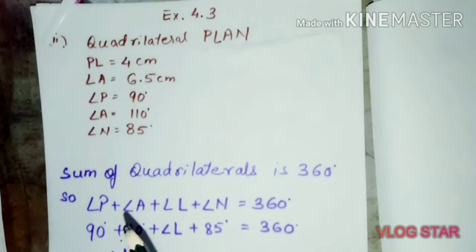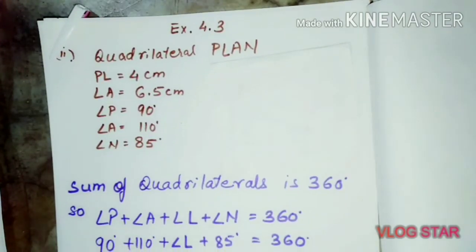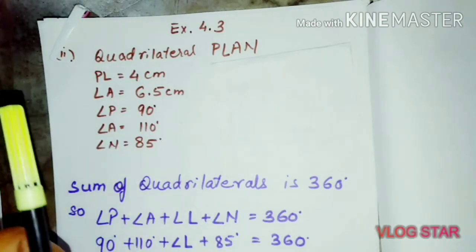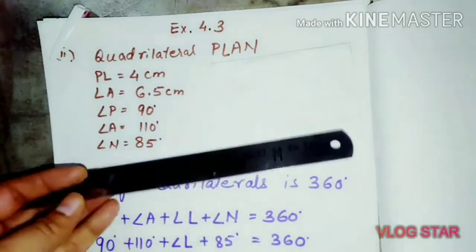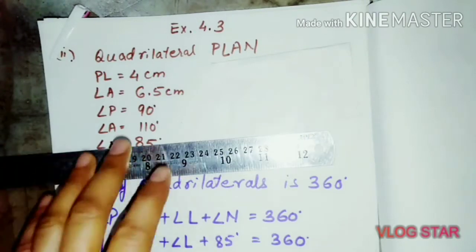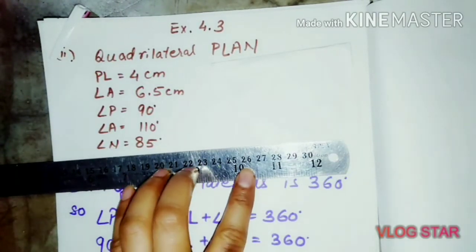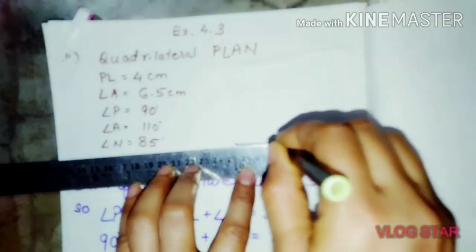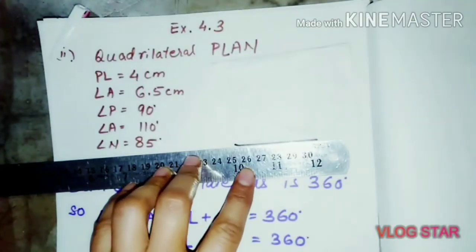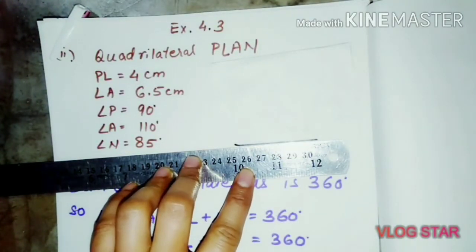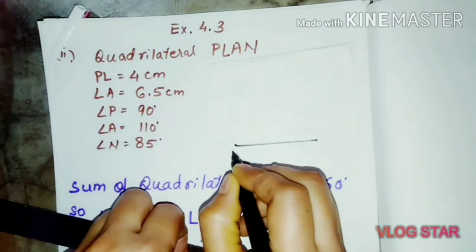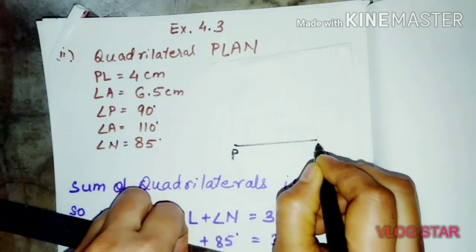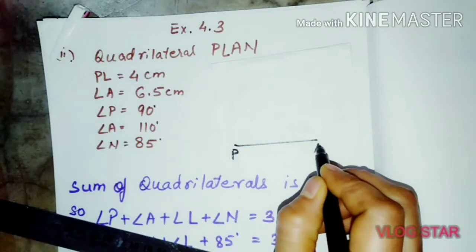Now we'll construct the quadrilateral. For this we'll need to first draw the rough figure. For the rough figure we'll draw PL.